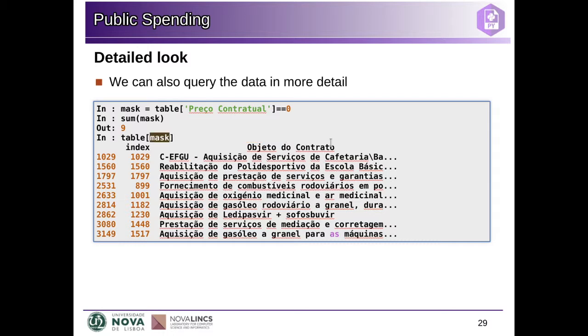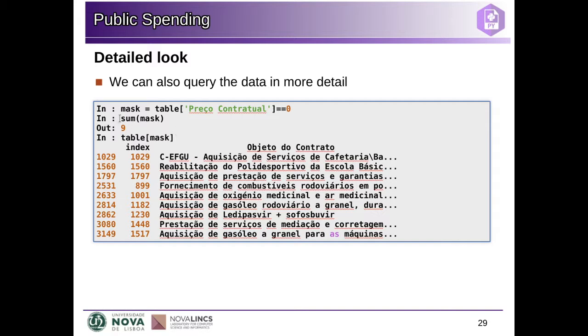So in this case, I created a variable just to get the series that tells me which are the rows of interest, the rows where the price is 0, and I can even compute how many there are by adding all the values. When you add Boolean values like this in a series, false counts as 0 and true counts as 1. So the sum of a series of Boolean values will give you how many true values you have there.